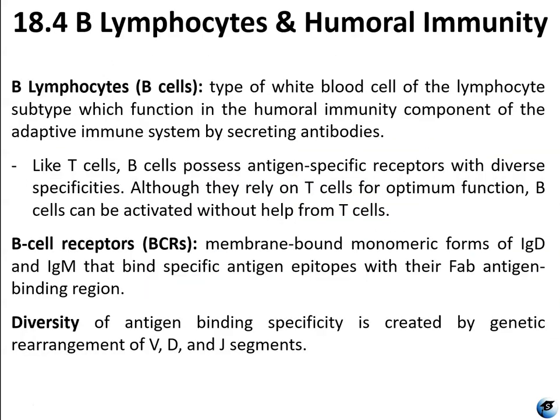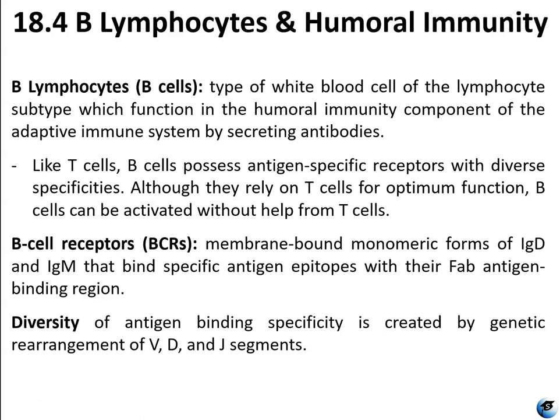B cells, or B lymphocytes, are a type of white blood cell of the lymphocyte subtype, which functions in the humoral immunity component of the adaptive immune system. The B cells secrete antibodies. Like T cells, B cells possess antigen-specific receptors with different specificities.